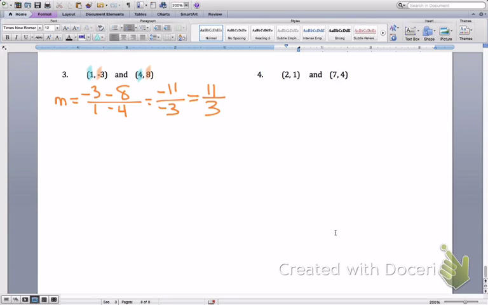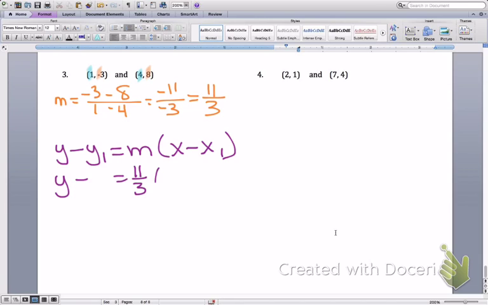I'm going to plug this into my formula, the point slope formula. And if you want to skip this step, you can. Put y minus, m is 11/3, x minus. All right, as before, I'm going to stick to the first point, (1, negative 3).